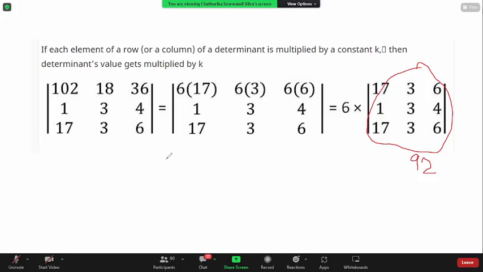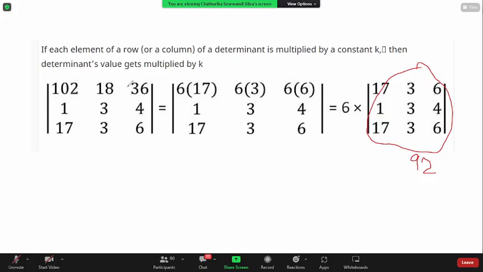Or else, originally you may be given this matrix to find the determinant. Sometimes a matrix like this can be given to find the determinant. So rather than going straight away to find the determinant, because here you will see that with respect to the other two rows, the second and the third row, the first row is bulky, big numbers are there.